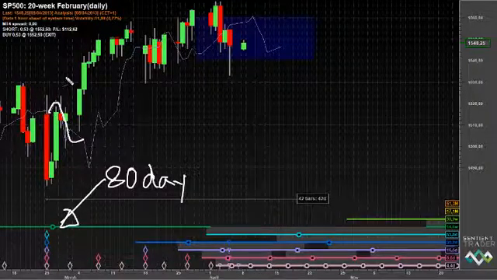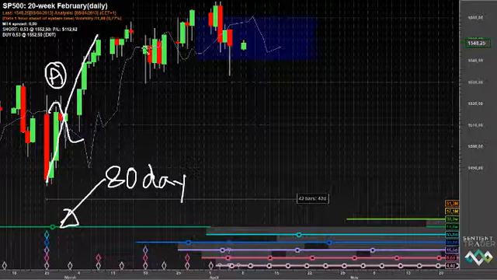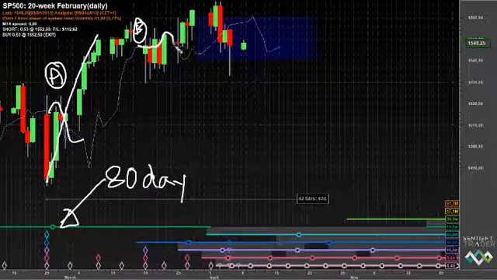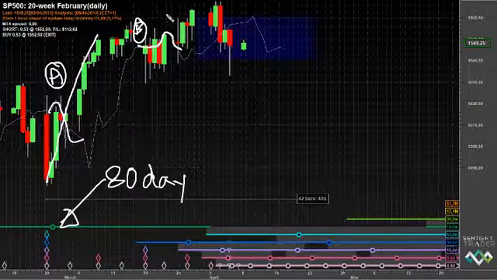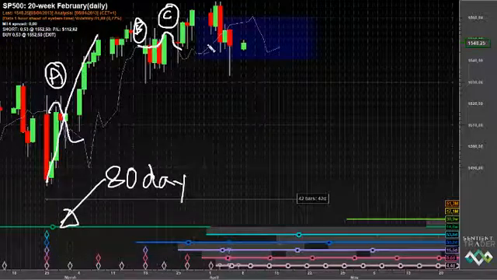And here is our category A interaction, which was a very typical, very good A category interaction. Here was our B category interaction, at which time price tracked along the FLD, which is exactly what we expect. Here is our C category interaction, and these interactions we were able to identify at the time, of course.